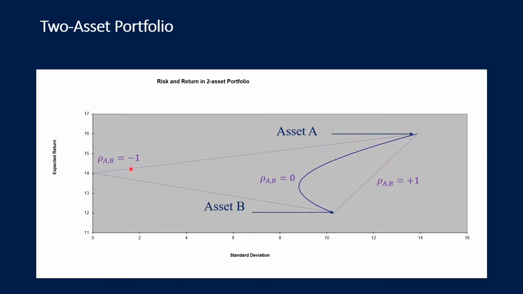These two dotted lines, or this triangle here, is the situation where we have a rho of -1. And a rho of -1 is a perfect hedge, which means that with a certain mixture I can get rid of all risk. Because if asset B is going up by 1% and asset A is going down by 1%, I can find a mixture of both stocks where the risk is perfectly hedged.